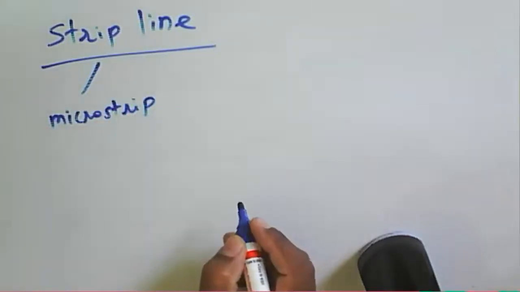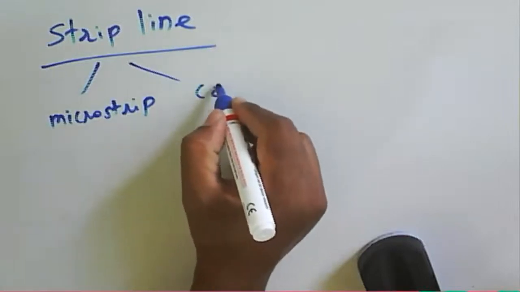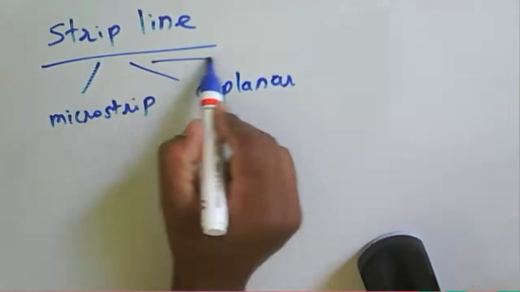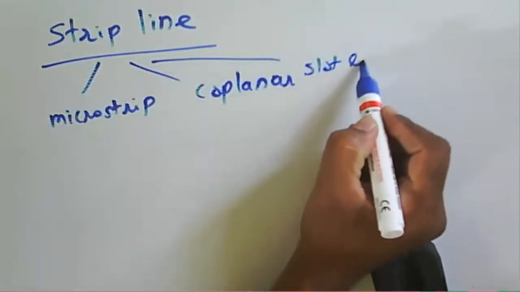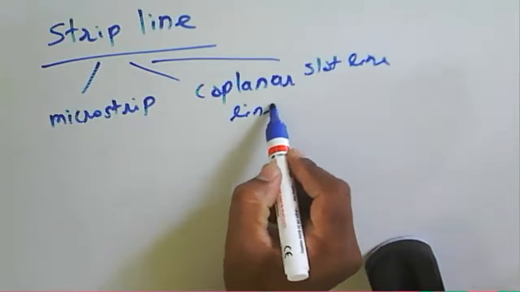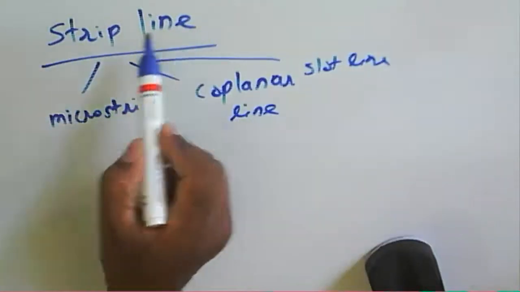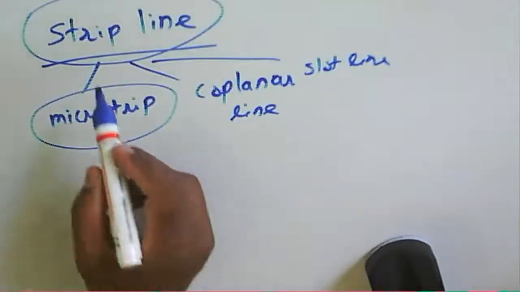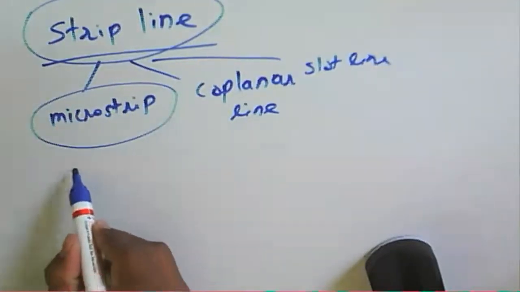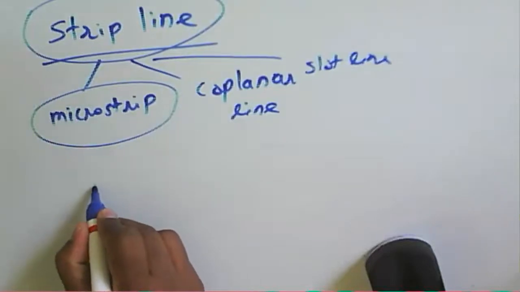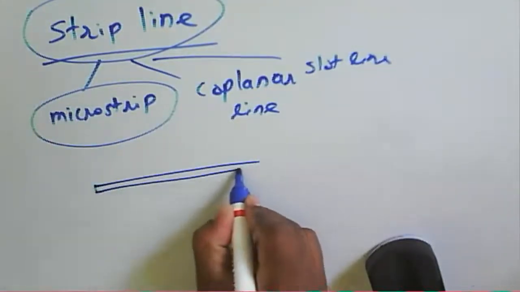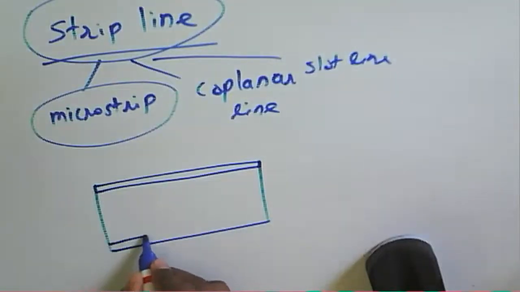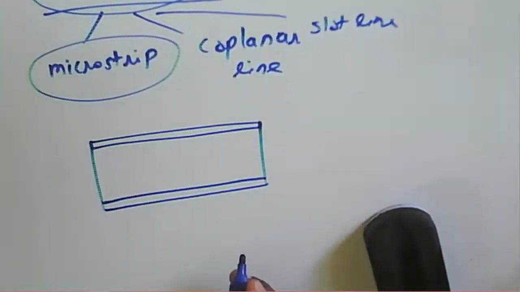A microstrip line, a coplanar line, and a slot line. But how does this strip line look? We have seen various configurations of microstrip there, but a strip line means what? It is a metallic conducting patch. We just see the cross-section view of a strip line.